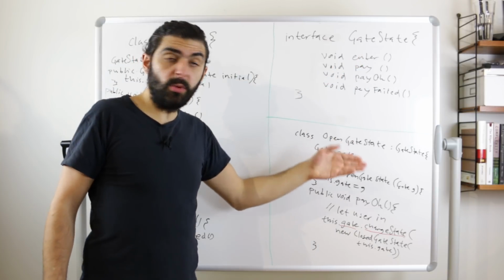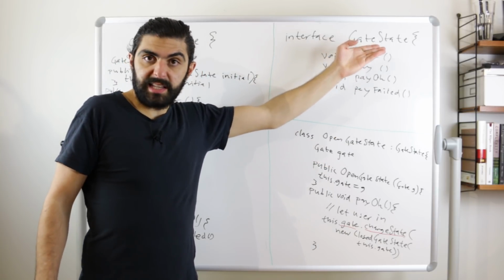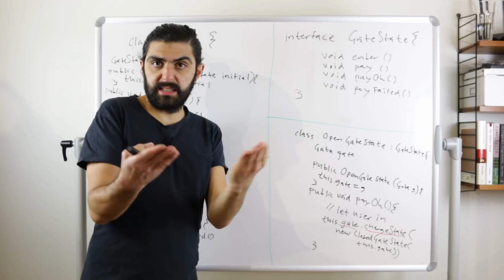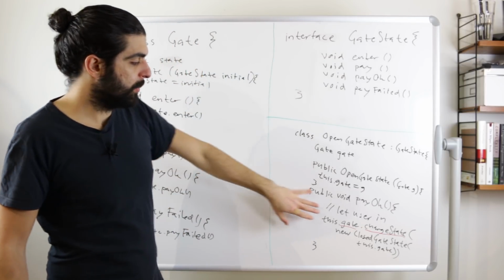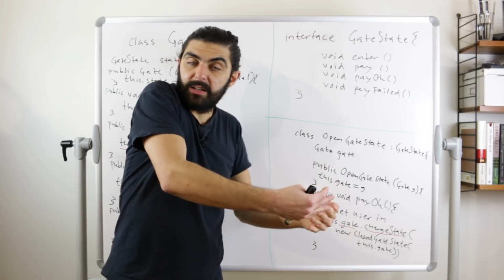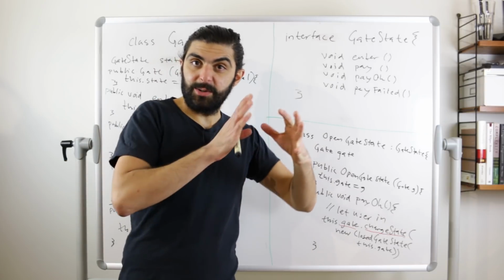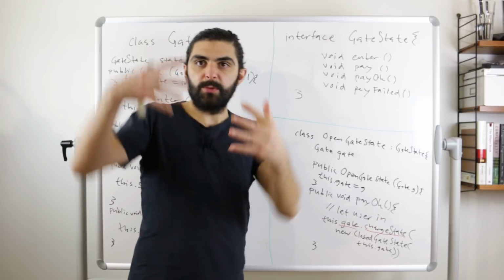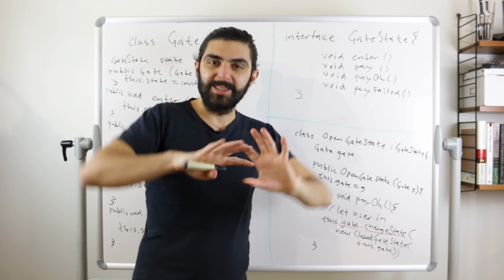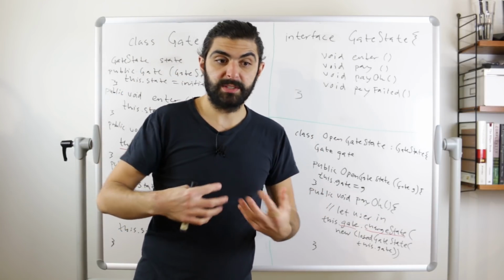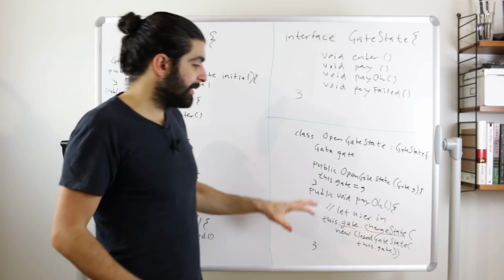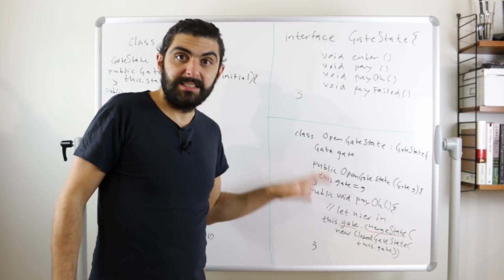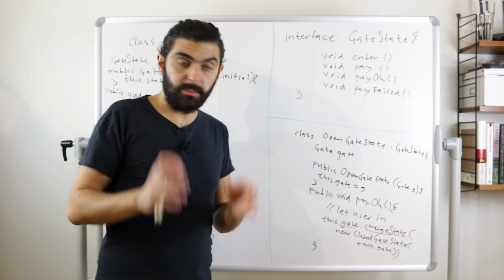And if we try to avoid having it implement the interface gate state, then we suddenly can't treat that state uniformly as the other states. So whenever we want to change state to that closed state, we'll get a compiler error there, because it's not of type gate state. So we're locked in a very good way, in the sense that the compiler can help us catch lots of errors. And semantically, it's very easy to reason about the different implementations.